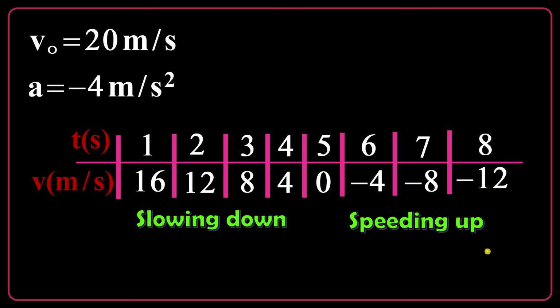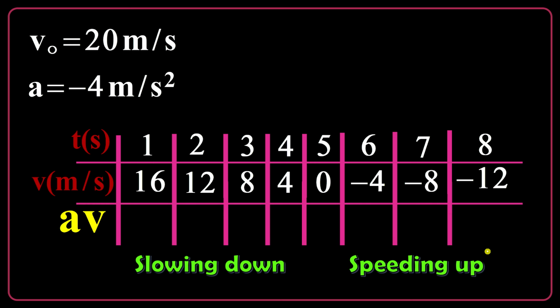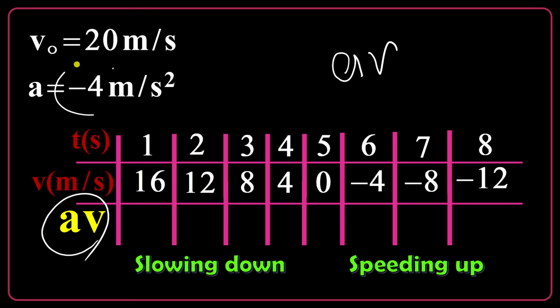I have a special offer for you. Look at this. I offer to have AV. Let's multiply A by velocity, acceleration by velocity. And let's check it. Acceleration is always negative in this case. So to find the AV at V equals 16, I will multiply negative 4 by positive 16.